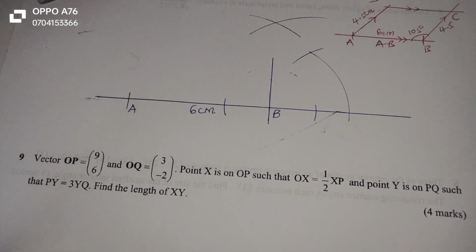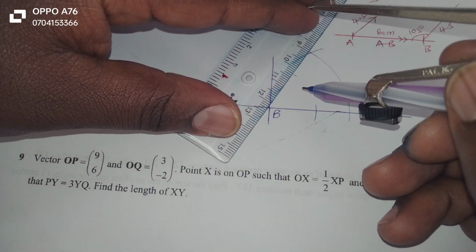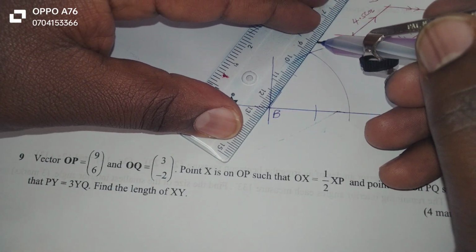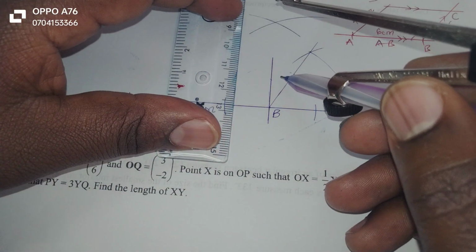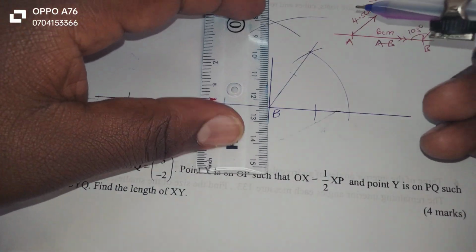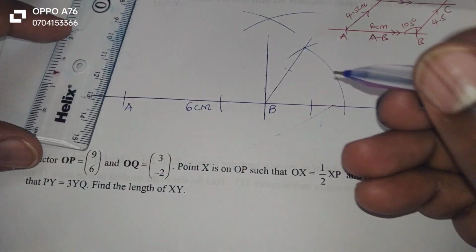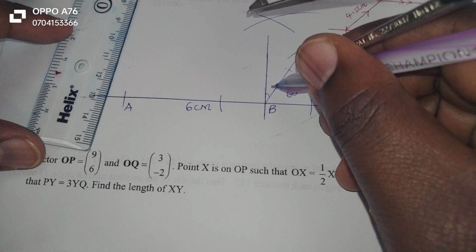That is 60 degrees. Now with 60 degrees, and initially I had constructed 90 degrees, it means I remain with 30 degrees at this point.